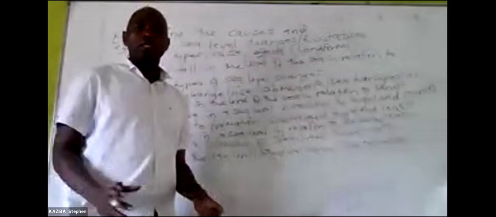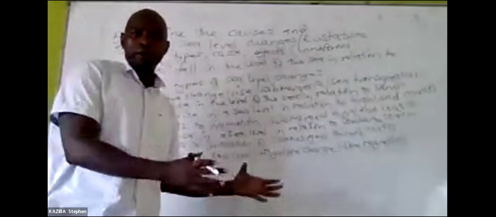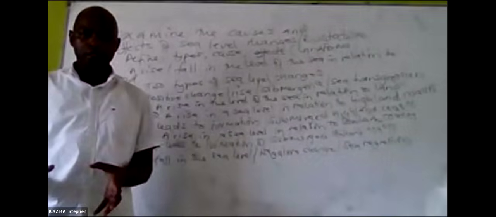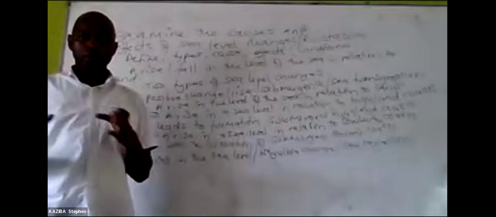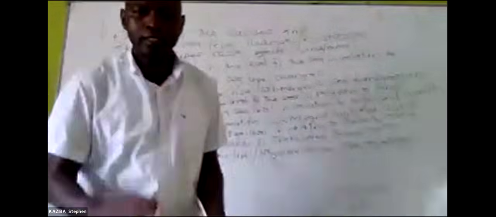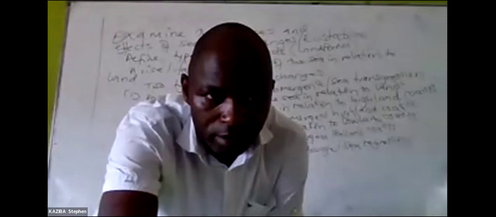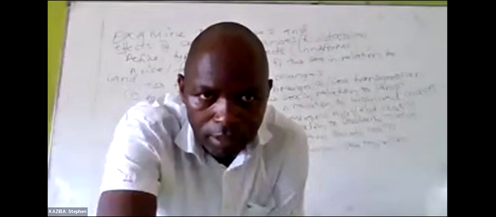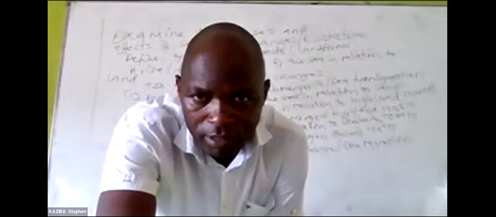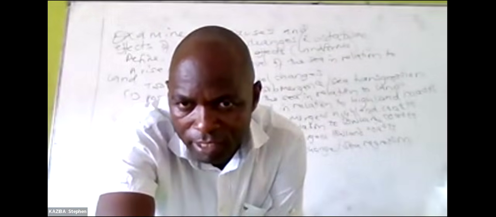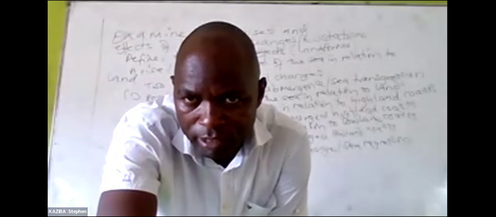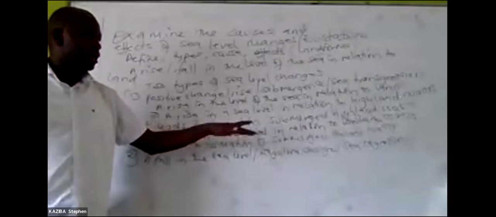They can ask you a question: distinguish between sea regression and sea transgression. So as you hear those terms, a fall in the sea level, or negative change, or sea regression.